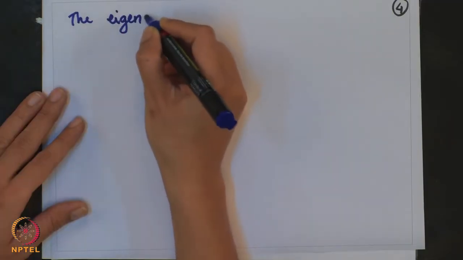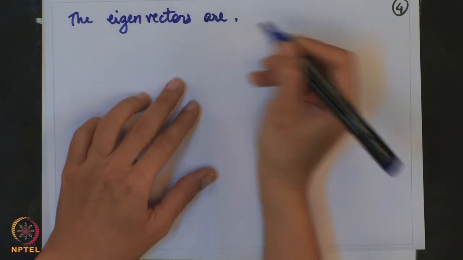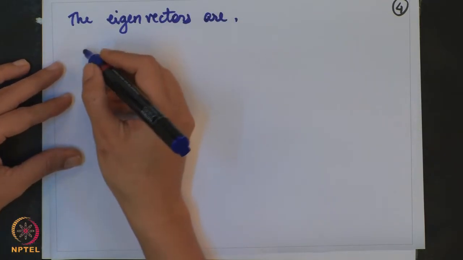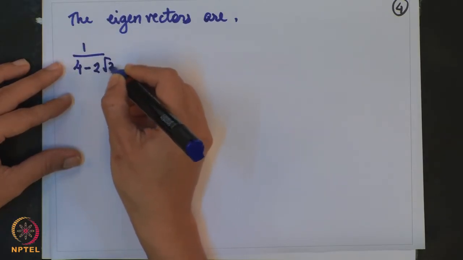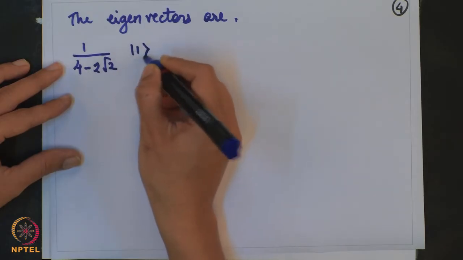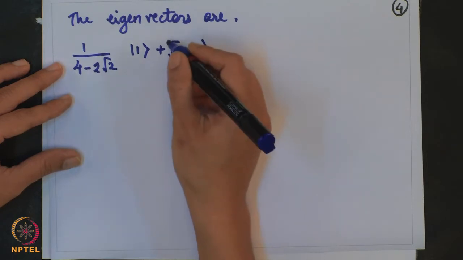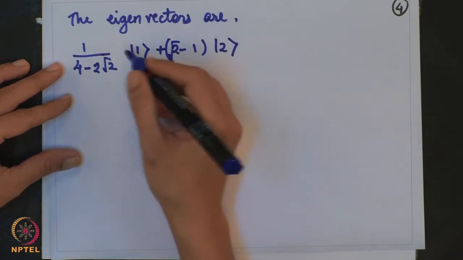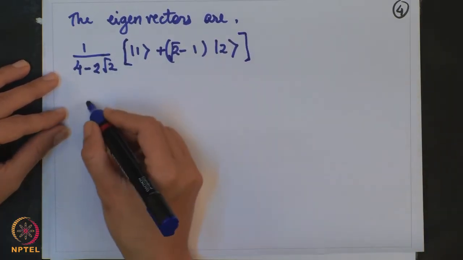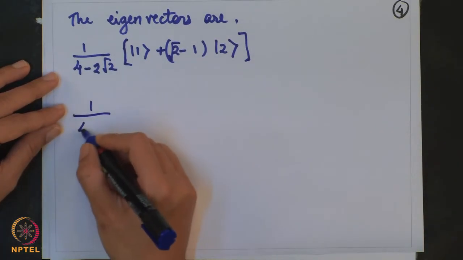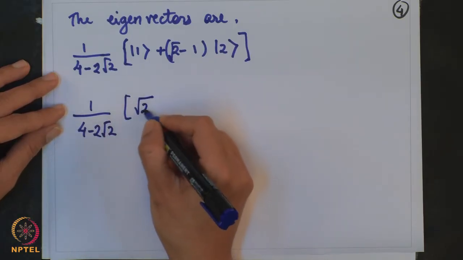Eigenvectors are, so the first one, which I just now demonstrated, will give you the result. This is very simple to check. So, this is the first eigenvector, and the second one you obtain in just a few steps.